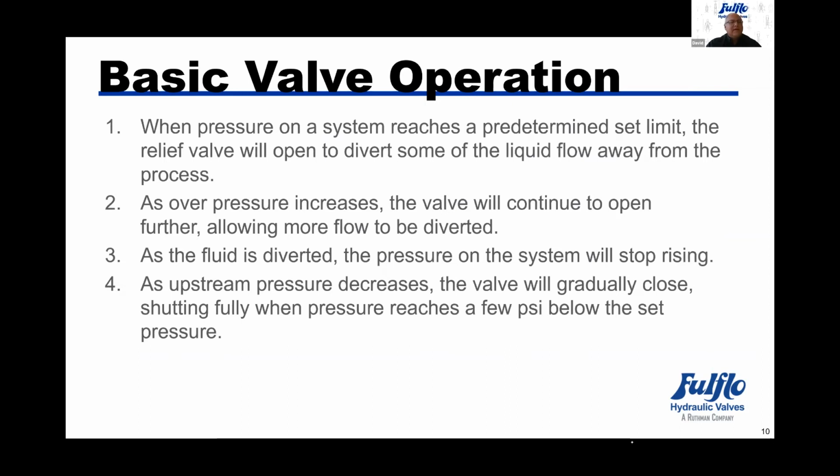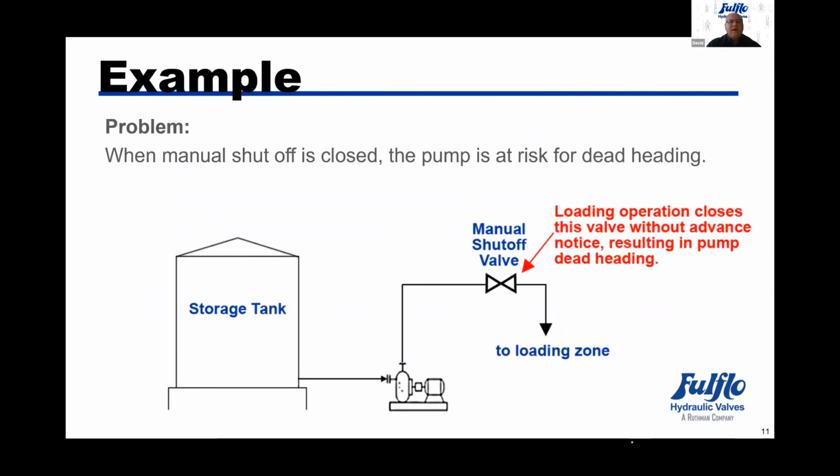A typical example that we run across is when you have a manual shutoff in a system going to the loading system or to the process. The manual valve could be shut off, which would increase the pressure to the pump. At that point, you're going to cause a lot of stress and strain on the centrifugal pump or positive displacement pump.